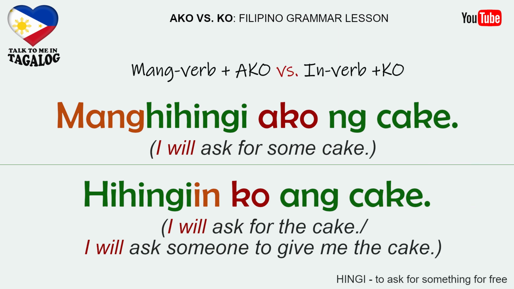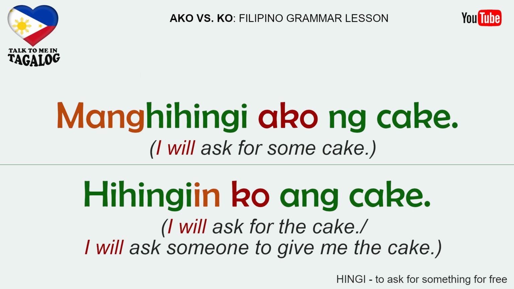Manghihingi ako ng cake. I will ask for some cake. Hihingiin ko ang cake. I will ask for the cake, or I will ask someone to give me the cake.